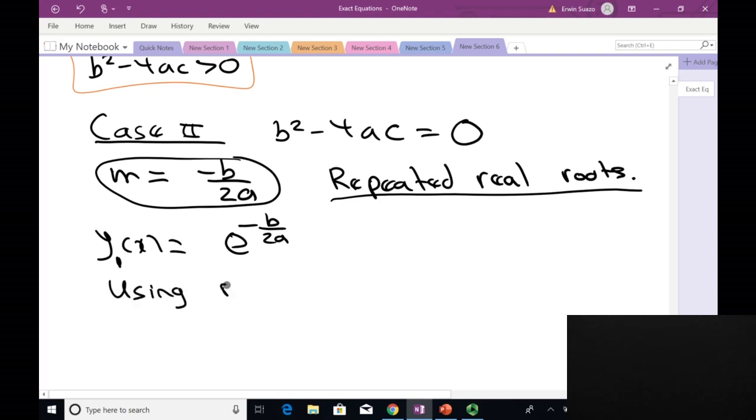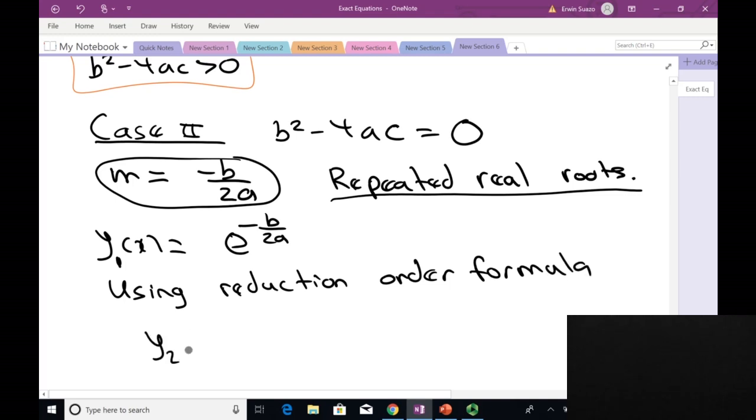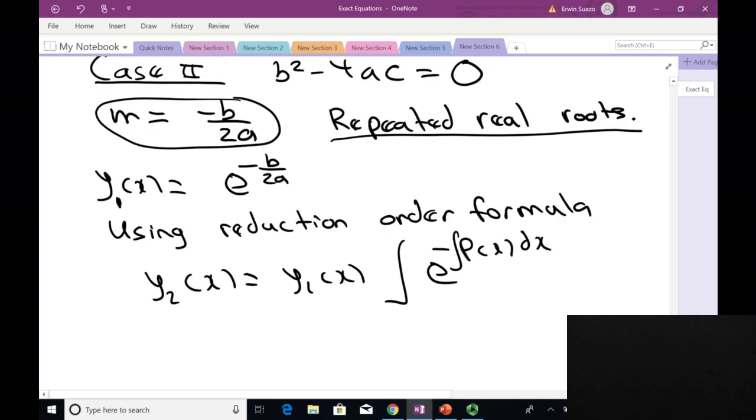Using the reduction of order formula, y2 of x, the second solution, looks like y1 of x times the integral of e to the minus integral of p of x dx over y1 squared of x dx.